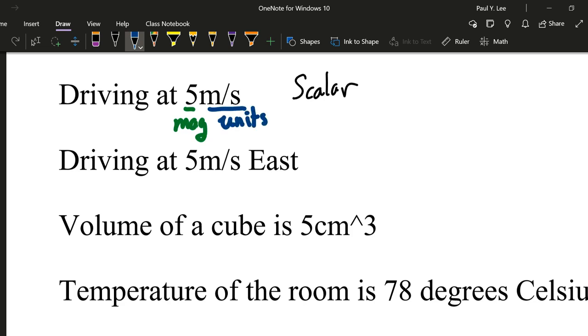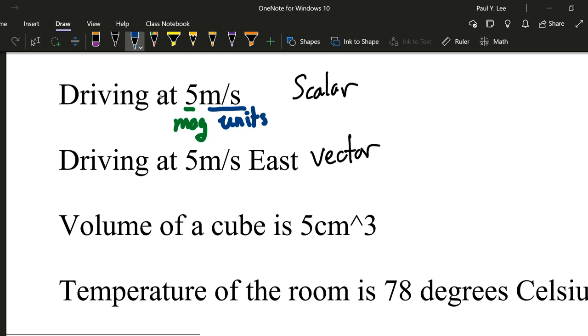In physics, every variable has a unit associated with it, and that tells us exactly what we are looking for. Meters per second is a unit for motion, for speed or velocity, but that's for future videos. It's a scalar because it has just magnitude. Compared to the example below, this one is a vector.